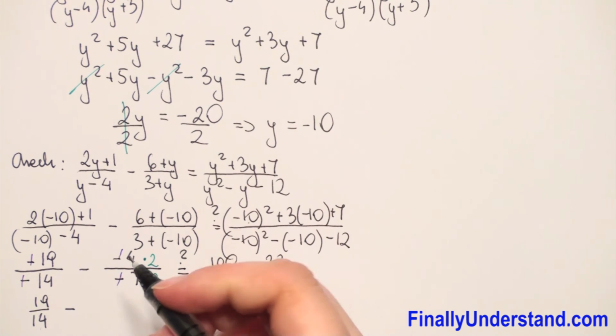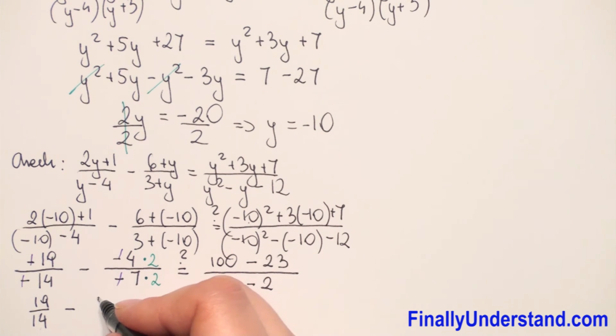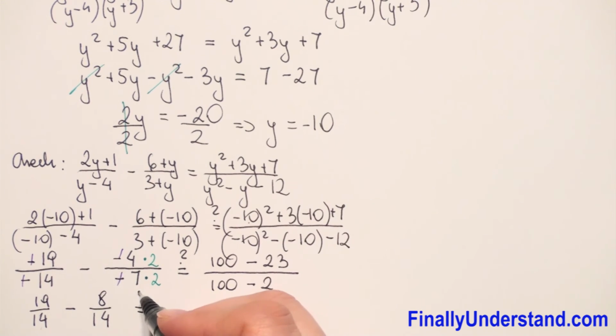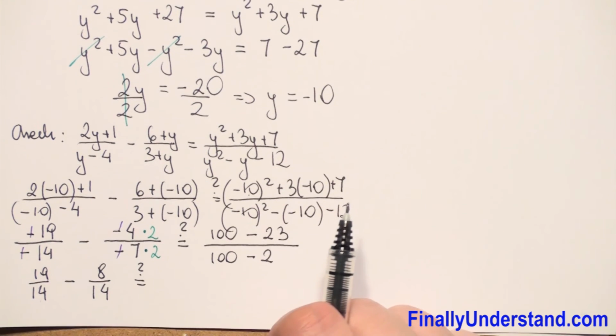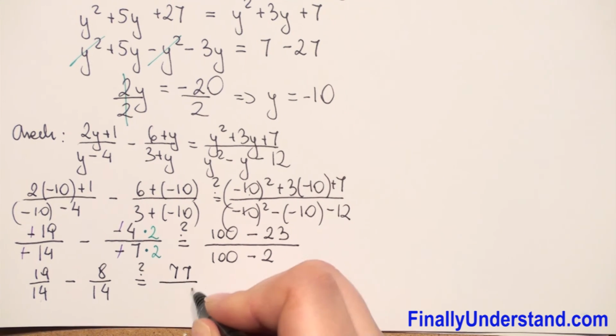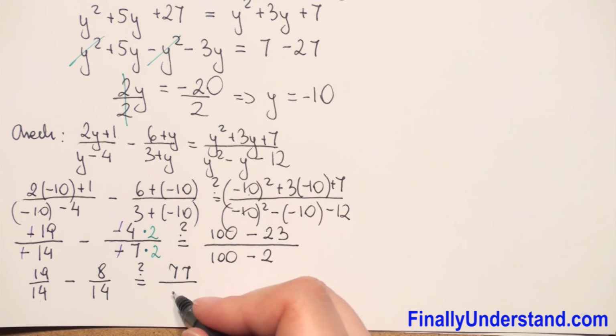So now we have 4 times 2 is 8 over 14, and this will be equal to, let's check, 100 minus 23, which is 77, over 100 minus 2, which is 98.